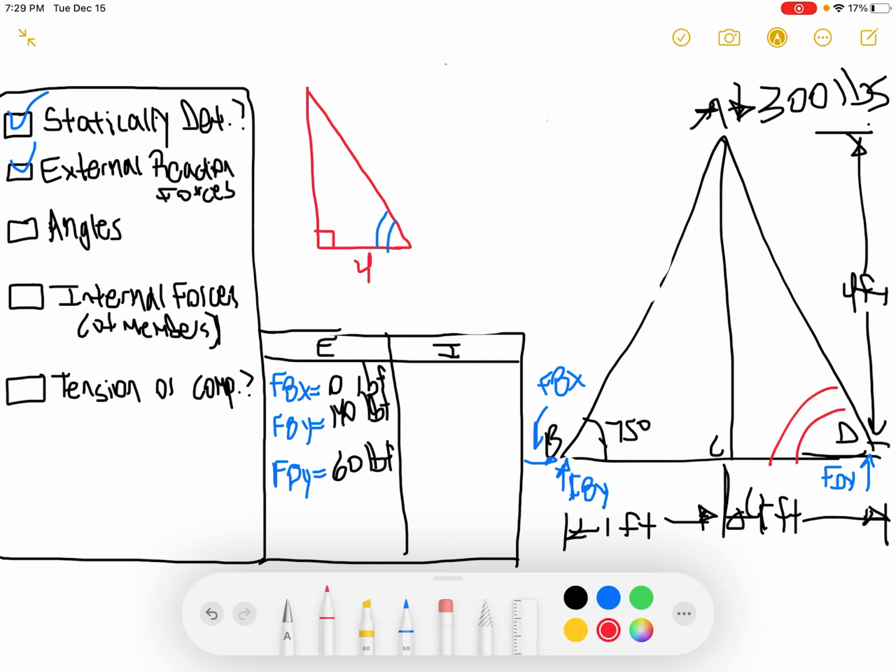This measure is 4. This is also 4. See, because of those two. And then we don't need to know the hypotenuse, but we'll label it. This is H, hypotenuse, to the angle. This is adjacent, and this is opposite.